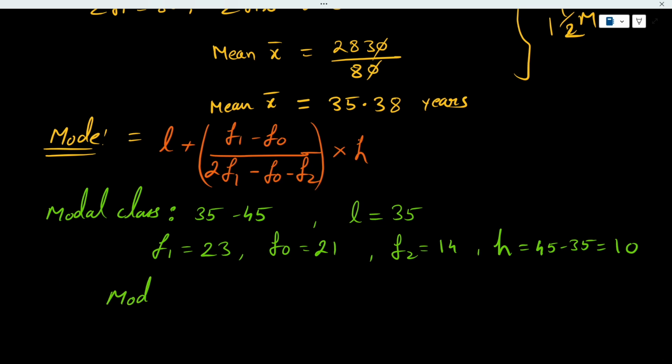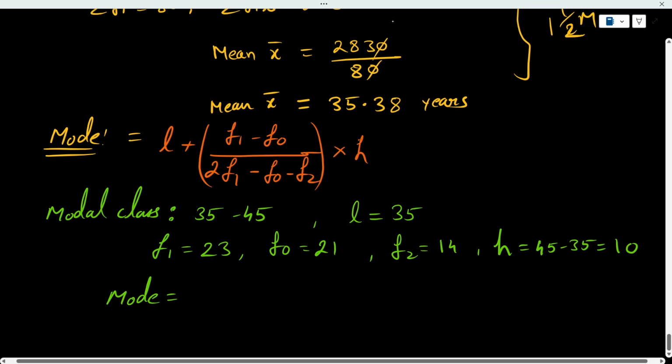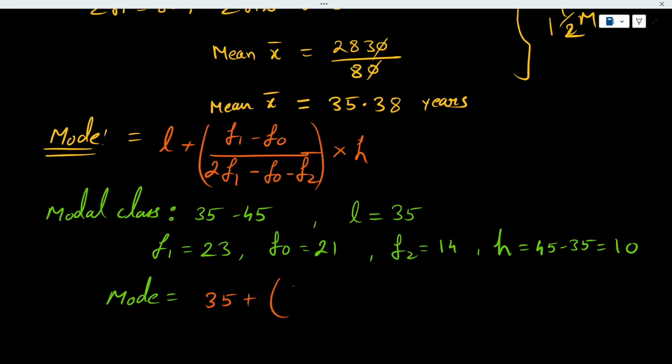So we'll write down mode is equal to. How are we going to calculate mode here? Let us see. Substitute the values: 35 plus (F1 is 23 minus F0 is 21) by (2F1, which is 2 times 23, is 46, minus 21 minus 14), times 10, right?